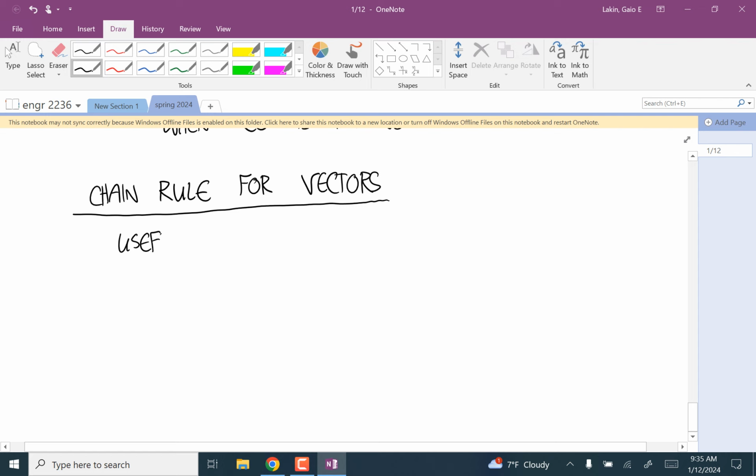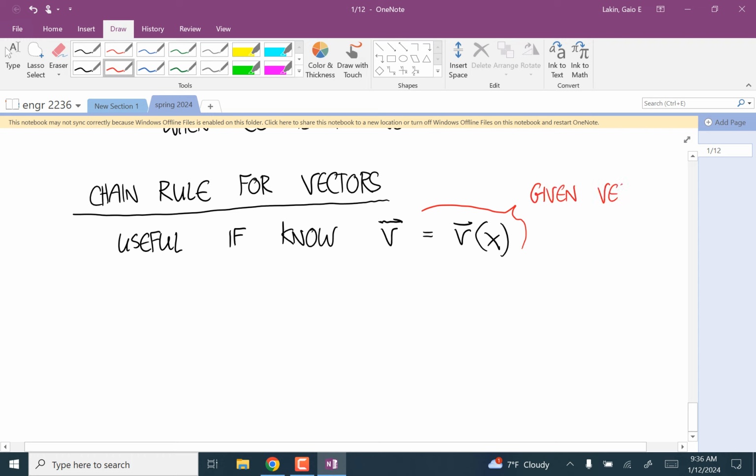It's useful if you know the velocity vector of an object as a function of some position variable. I'm going to call it x, but it could be y or z too. So this is if you're given a velocity vector as a function of a position variable.